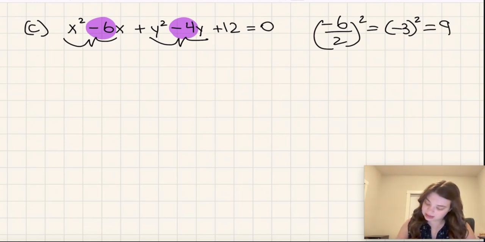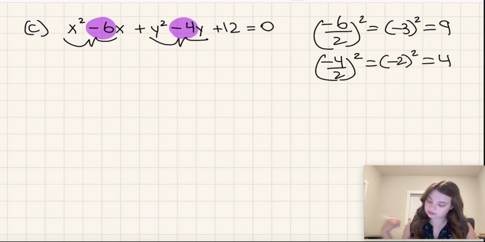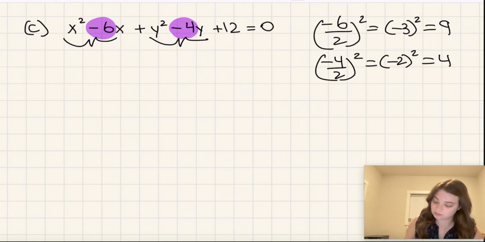And then (-4 over 2) squared is (-2) squared, which is equal to 4. So what we want to do is have +13 added to both sides, because 9 plus 4 is equal to 13. Now what I'm actually going to do here is say, well, hey, we already have 12 added. We would really just have to add 1 to both sides in order to get 13.